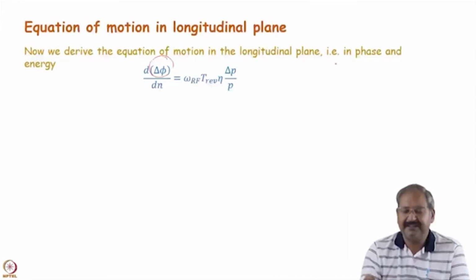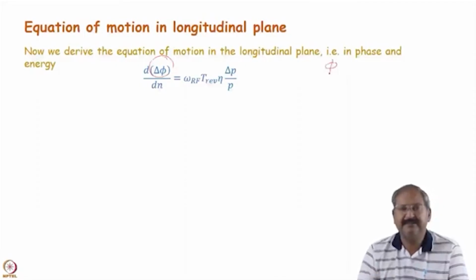We can understand it like this. Suppose a particle in the n plus 1th turn has the phase of the nth turn plus omega RF times T revolution. This is the phase in the n plus 1th turn for a particle.